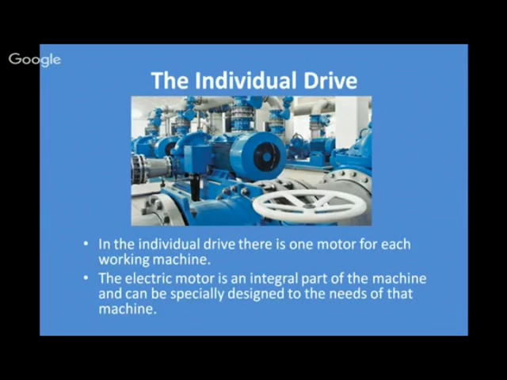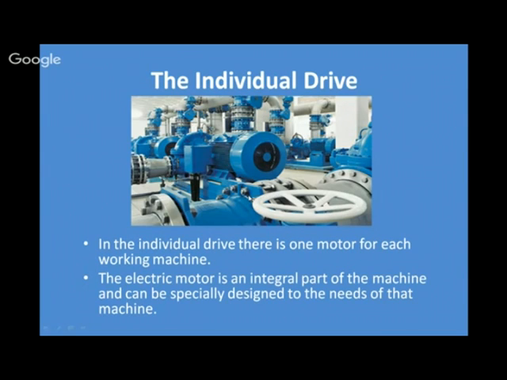So here we have a single motor which is used to drive one type of system in the whole machinery. Here the electric motor is an integral part of the machine and can specially be designed for that particular requirement.